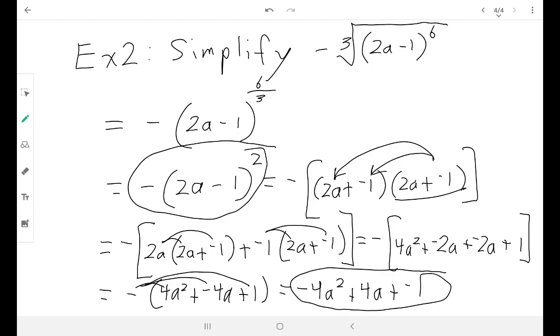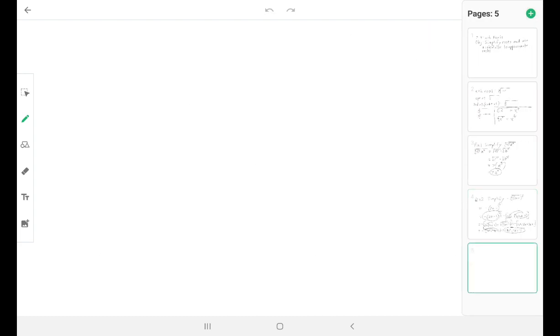So that's the real simple part. I'm going to give you some problems to work on out of the study guide, but before I do that, I want to mention a site, Desmos.com. Desmos.com is a place where you can use a graphing calculator.